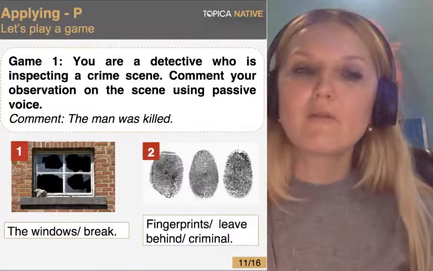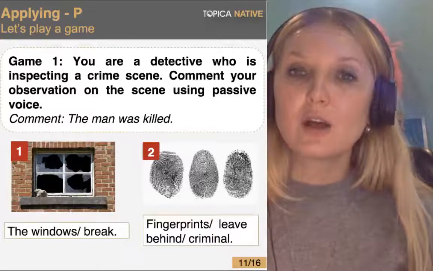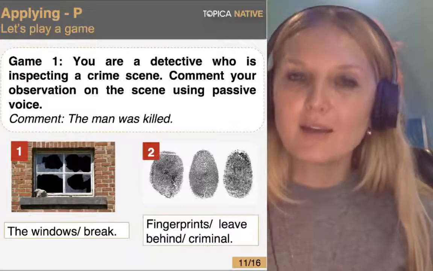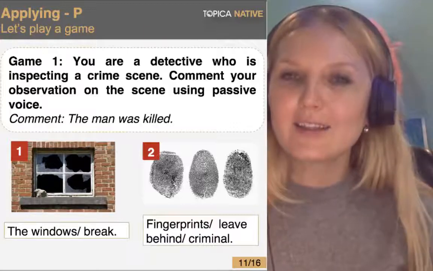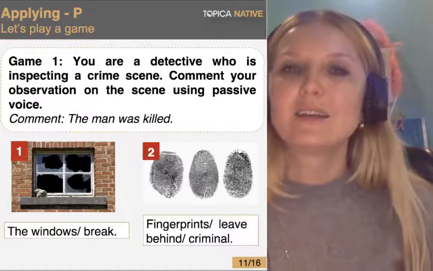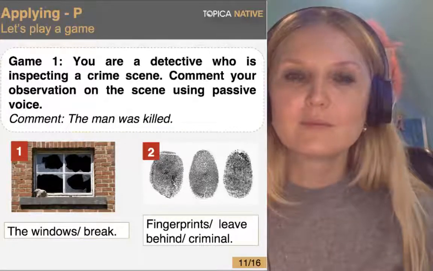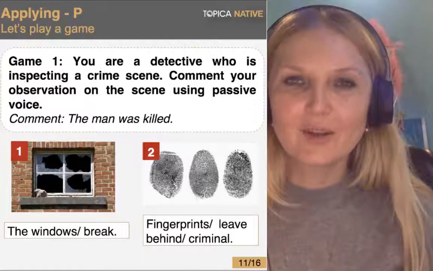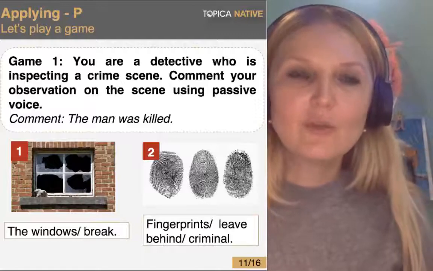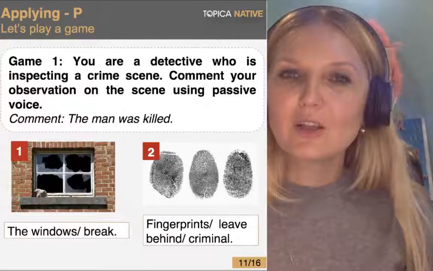Both verbs are irregular. Anfam, excellent. Hun Huan, excellent. Yes. Who else? And number 2. Okay. So don't forget about irregular verbs.